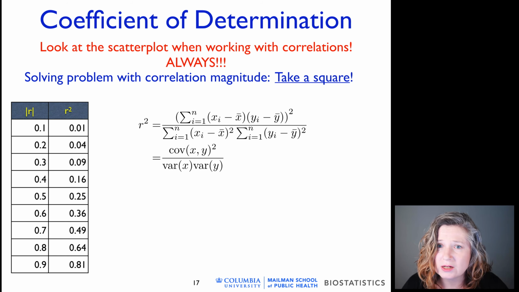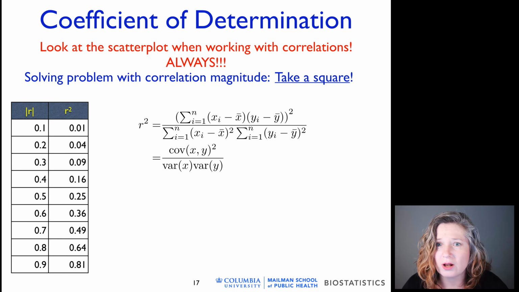So now we see that the correlation of 0.2 that we found significant in a previous slide would have an r squared, coefficient of determination, of 0.04, which is much closer to zero, and properly describes the no meaningful association that we saw in the scatter plot before.